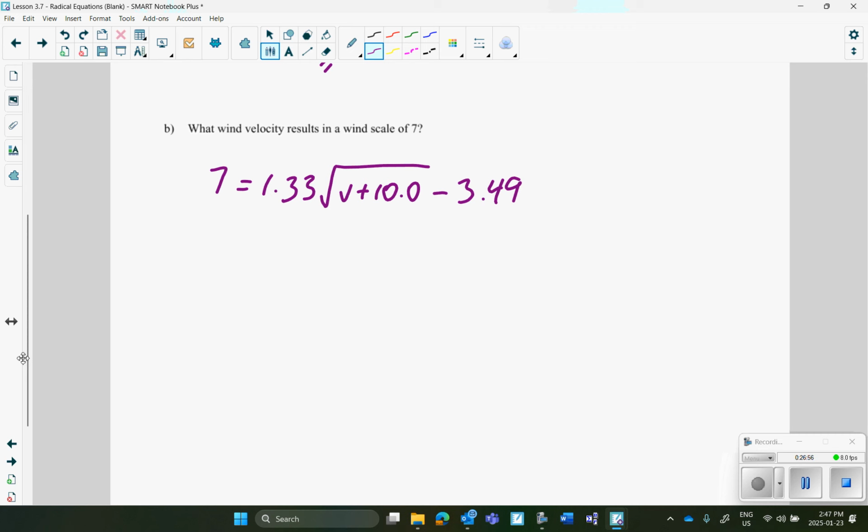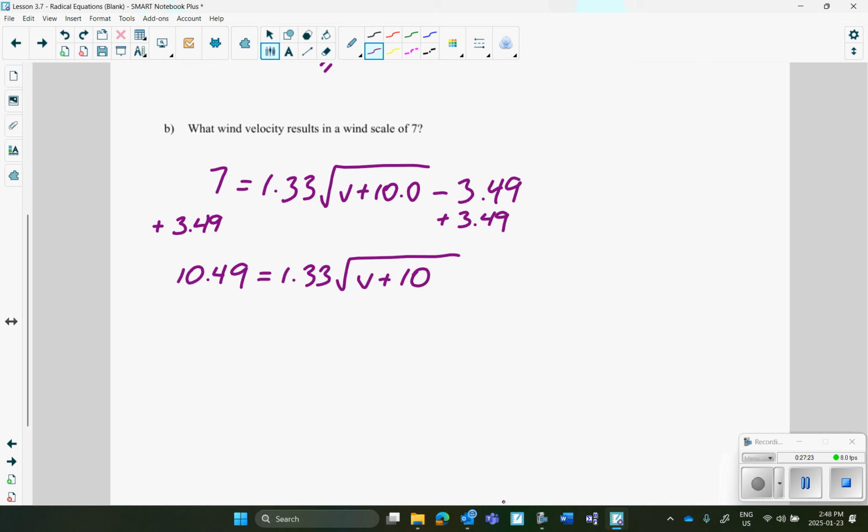Well, the 10 is right beside it under the square root, then the square root, then this is furthest away. Let's add 3.49 to both sides. And we get 10.49 is equal to 1.33 times V plus 10. We don't have to write 10.0, we can just write 10.